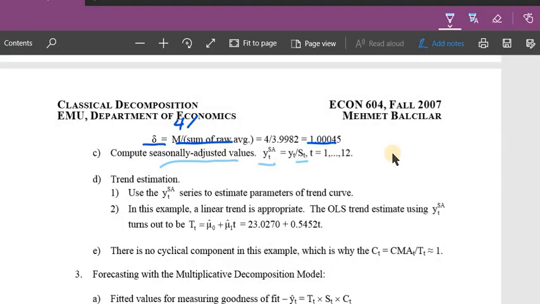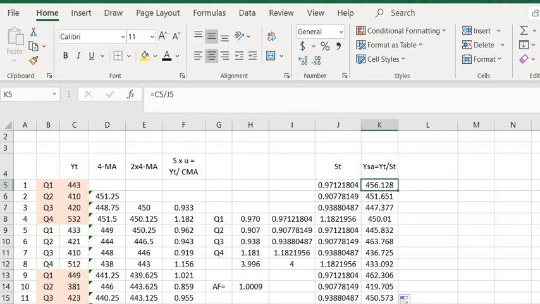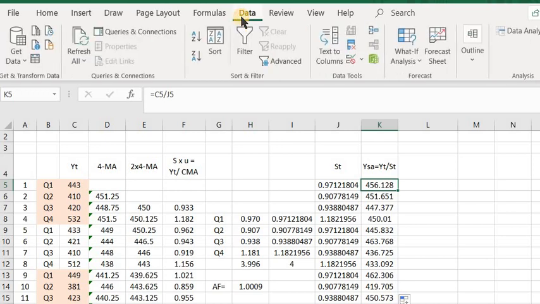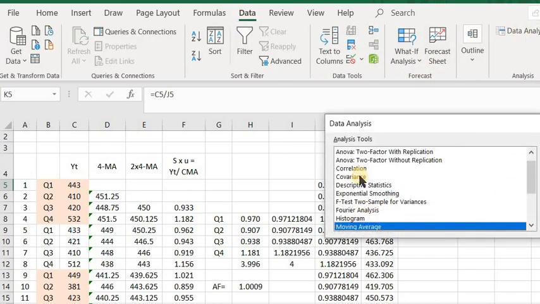Okay, the next step, after we get the YSA, is to estimate the trend line by using the YSA series. This can be carried out by using regression. So we regress this data by using Data, then Data Analysis, and then we take Regression.